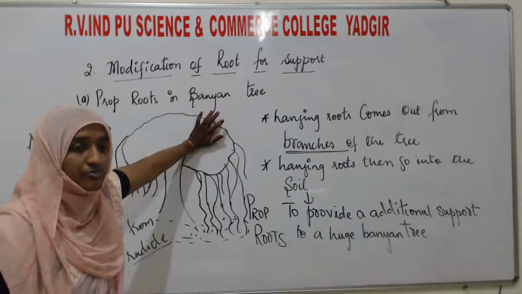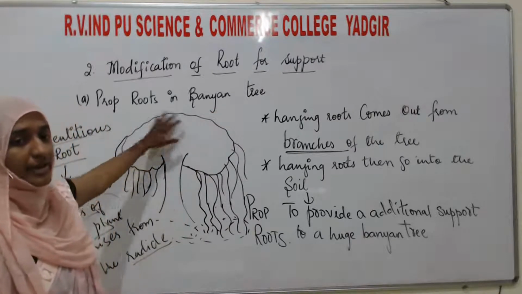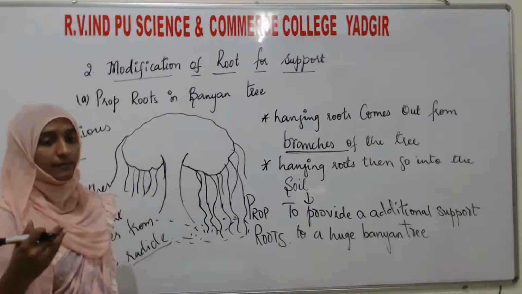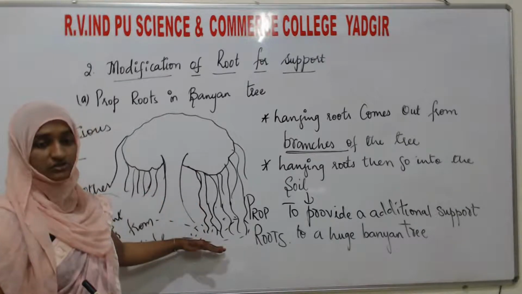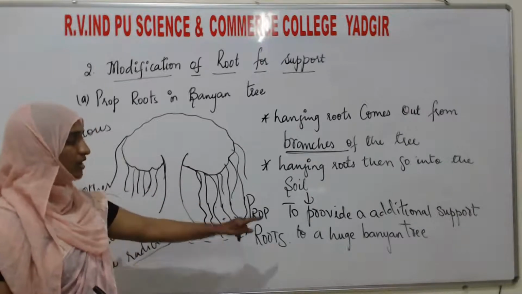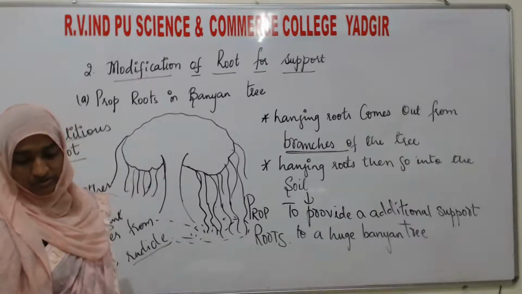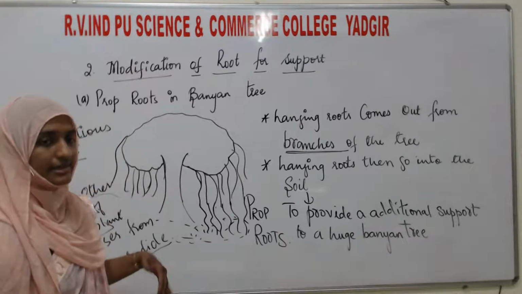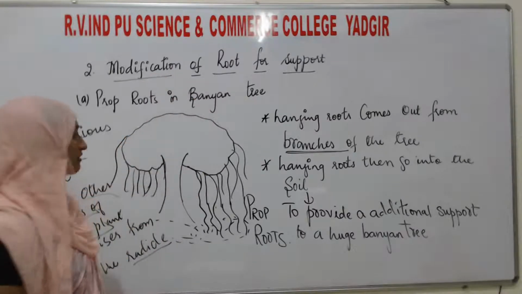Who provides that support? The roots which arise from the branches, hang from the branches, and then emerge into the soil, providing additional mechanical support to the banyan tree. So this is about the prop root. Next we will see the second type of root modified for support.